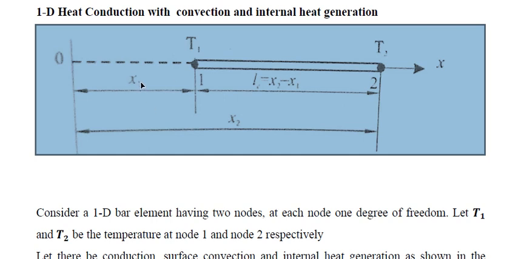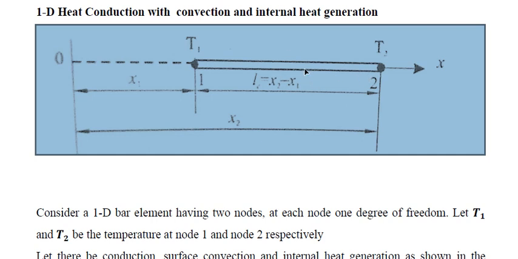Node 1 has the coordinate value x1, node 2 has the coordinate value x2, and the length of the element is x2 minus x1. This is one-dimensional heat transfer. It is not traveling in the transverse direction or any other direction. It is flowing only in one direction.